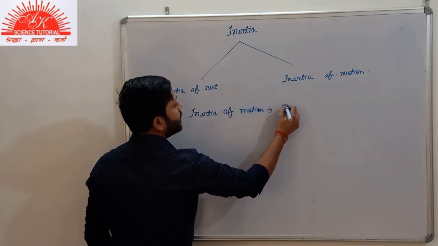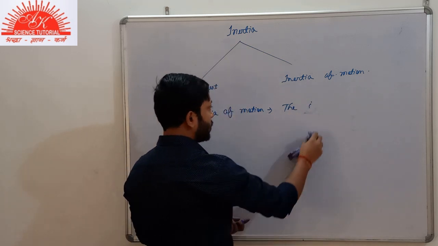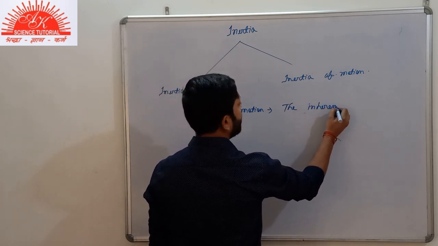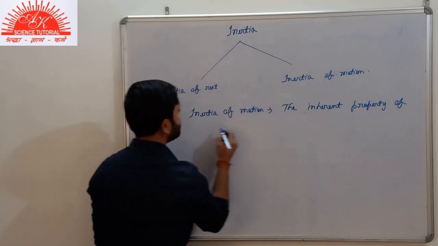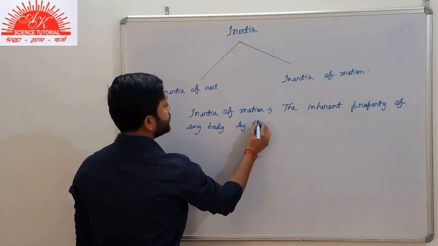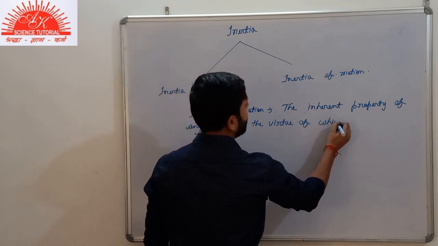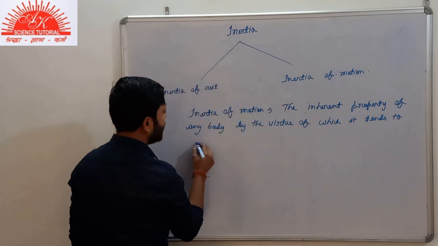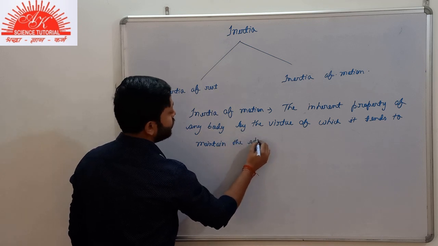Inertia of motion is the inherent property of any body by virtue of which it tends to maintain the state of motion.